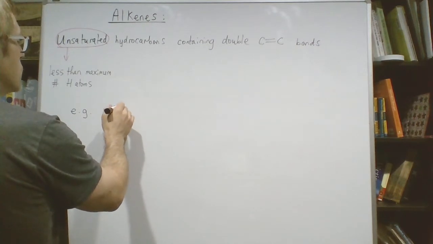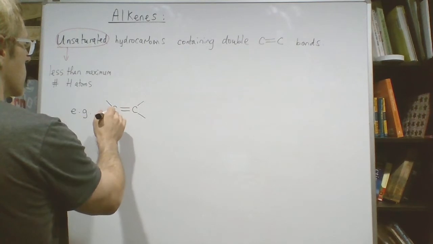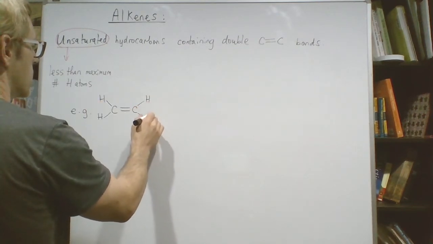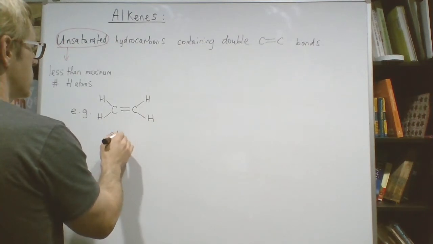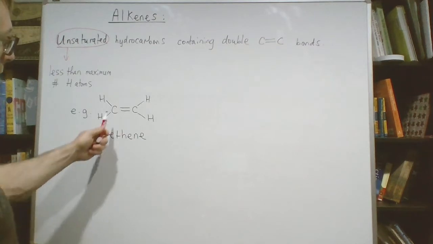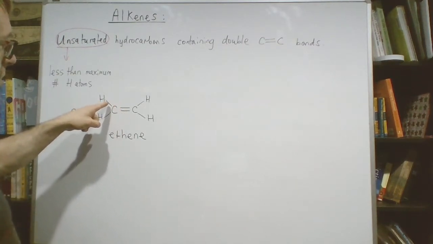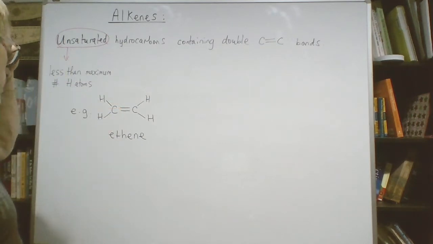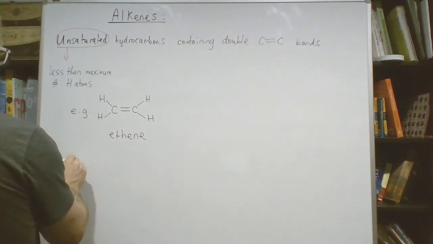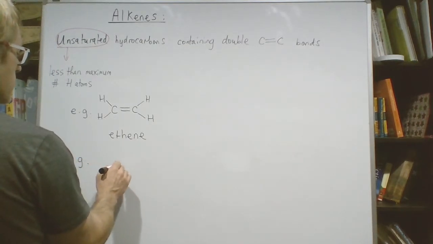So if I had two carbons, I could call this ethene. Notice that each carbon has 4 bonds total. It's got 2 singles and a double. I could have propene.